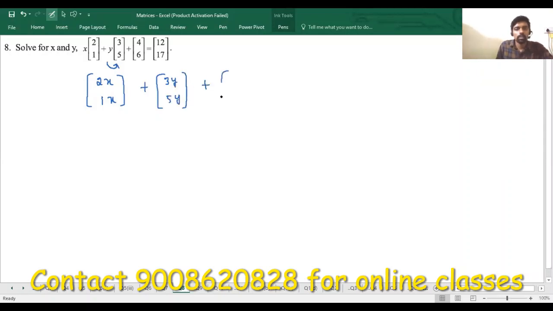Plus 4, 6 equals 12, 17. So now I will shift this matrix to other side. This is plus, correct? So plus on the other side becomes minus, right?